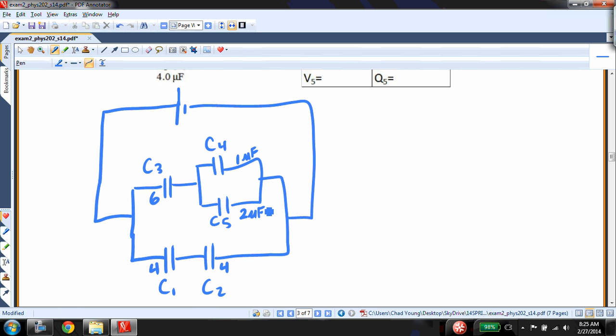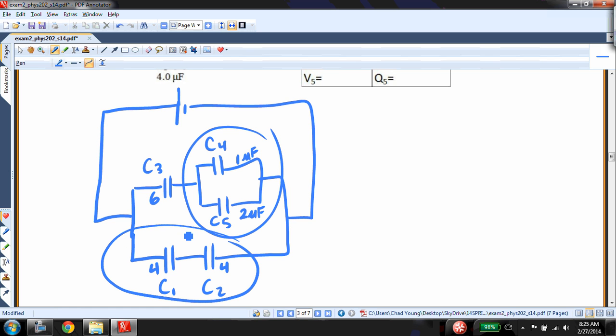Let's just first find the equivalent capacitance. I can first combine these two, and I can also combine these two. This one is just going to be 1 plus 2 equals 3 microfarads. And then this one would be 1 over 1/4 plus 1/4, which is 1 over 1/2, which is 2 microfarads, right? And then I'm left with this circuit.